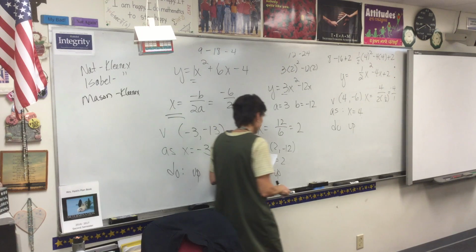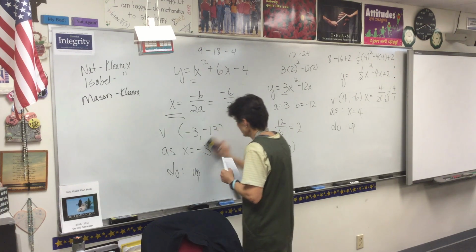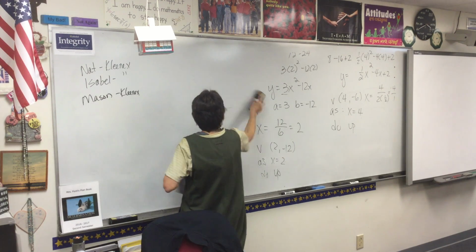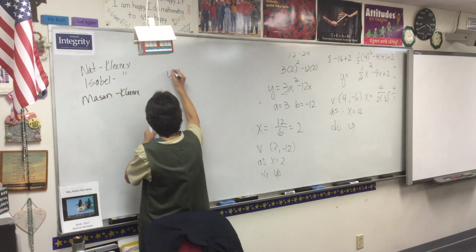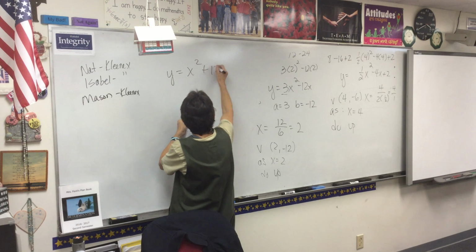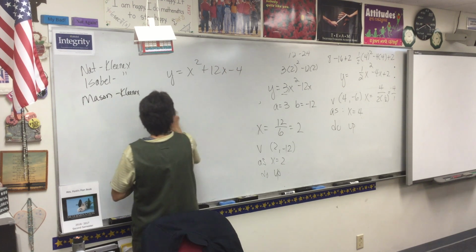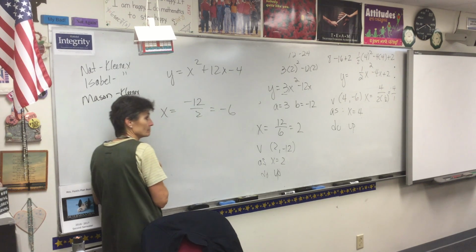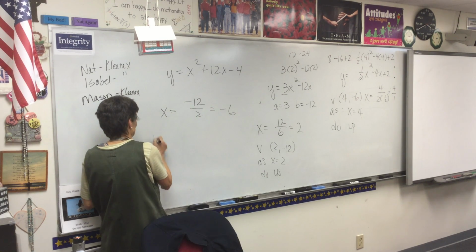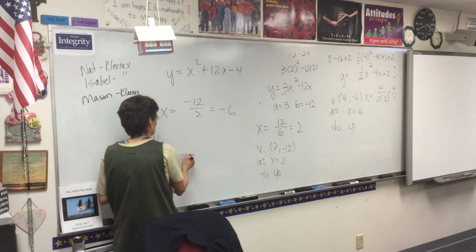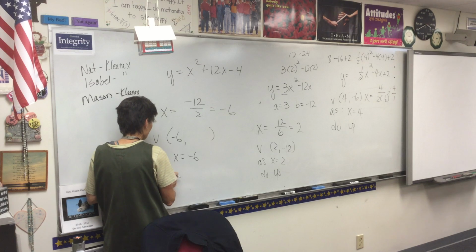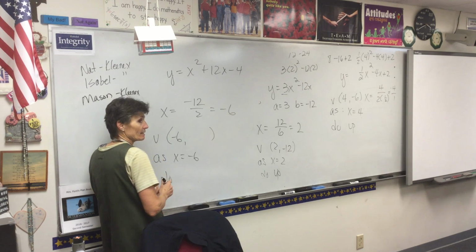All right. Next one's exactly the same, a little easier. Axis of symmetry for this one will be negative b over 2a, negative 6. So to get my vertex, I'll plug in negative 6.